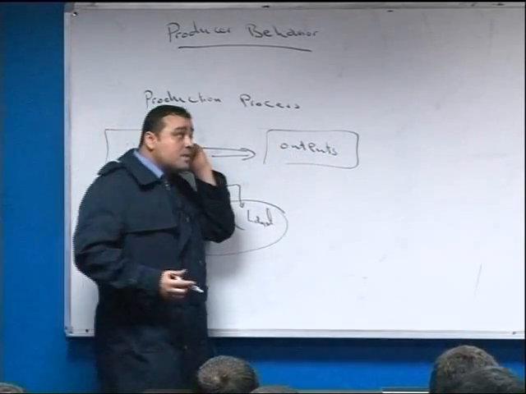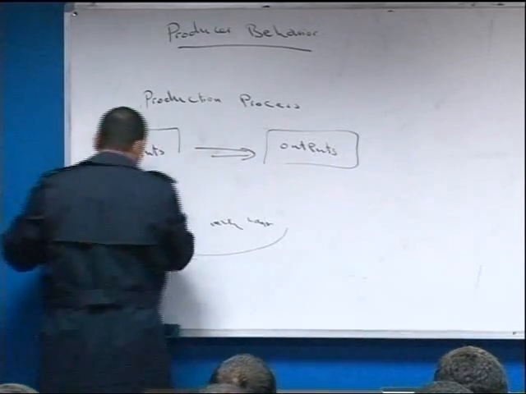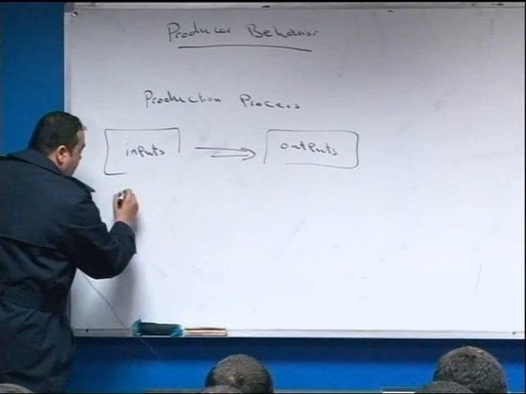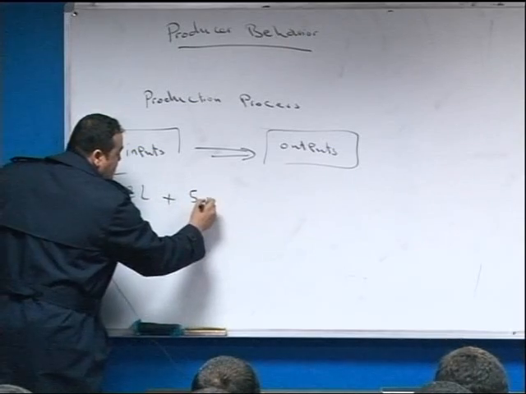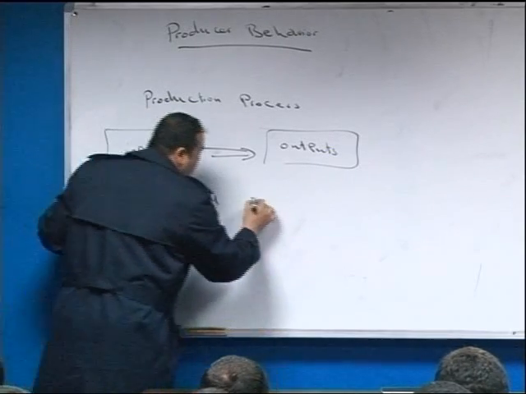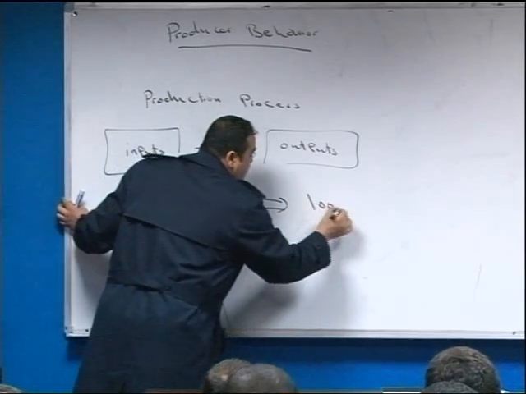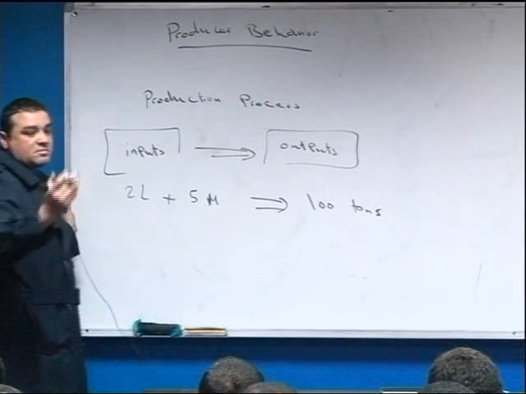Suppose that the producer uses 2 laborers plus 5 machines, and they give him 100 tons of wheat.